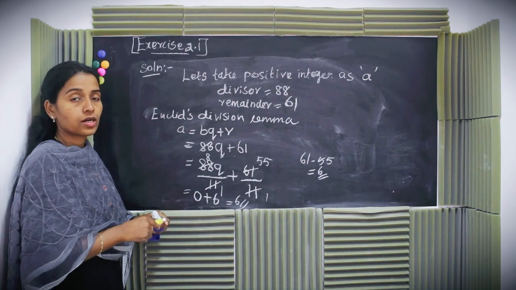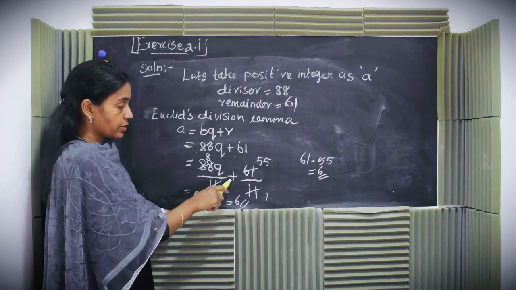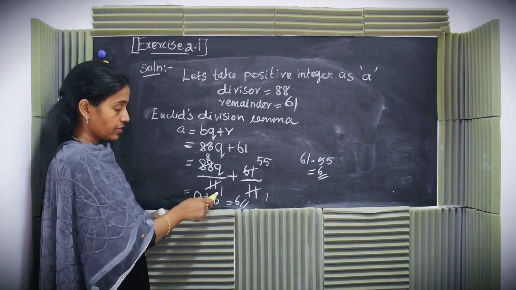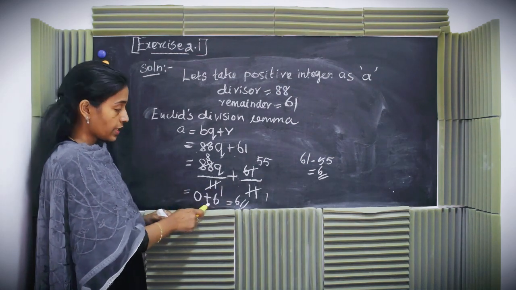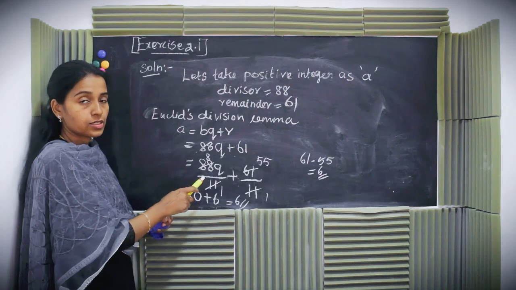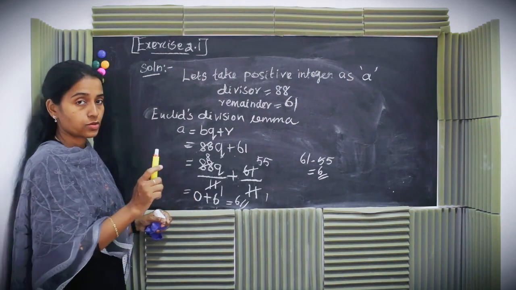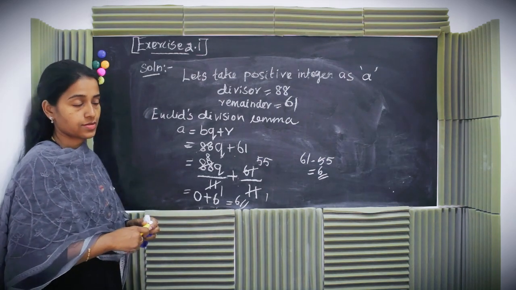That is what was asked in the question. So I'm dividing each term by 11, and in each case I'm getting the remainders 0 and 6. Since we have to find out the remainder only, I am considering only the remainder. So here the answer is 6.